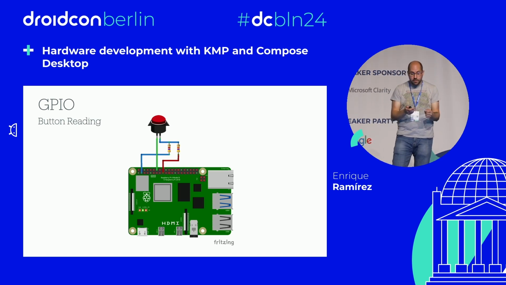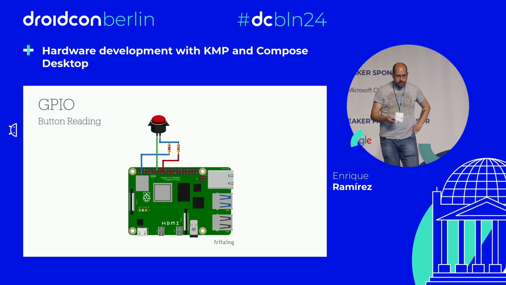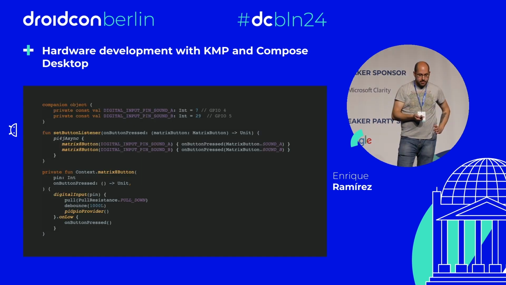In the case of pull-down, which is what I'm doing here, when it's not pressed, the state is high. It's 3.3 volts, a high voltage or high level, if you want. And when you press, it goes to 0. And that's when we detect that the button is pressed.